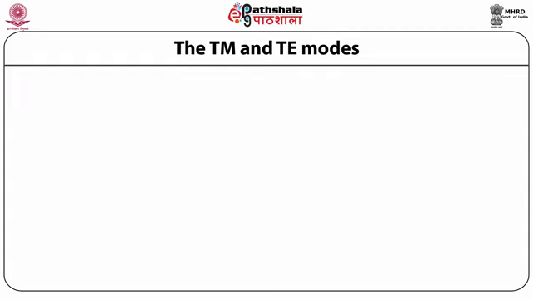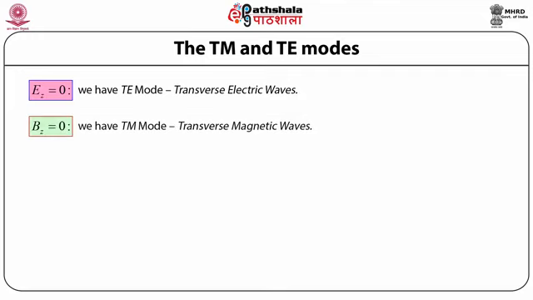In case of transverse electric fields, we put the longitudinal component of the electric field to 0, that is Ez goes to 0, and these are called the transverse electric waves. Similarly, if the longitudinal component of the magnetic field induction vector, that is Bz, goes to 0, then the corresponding waves are termed the transverse magnetic waves.